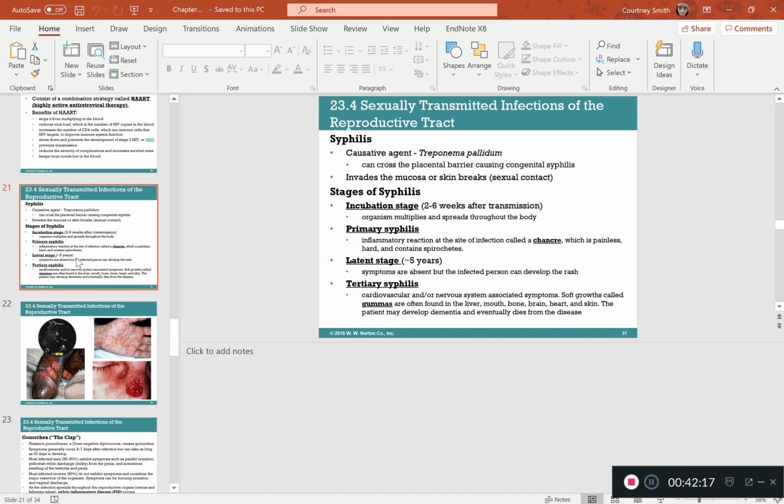This is where you've been living with it for several years. A lot of times symptoms are absent, but patients have reported developing a rash. But that's pretty much it. And then there's tertiary syphilis. This is where the disease has, for the most part, run its course. And unfortunately, at this time point, the patient will exhibit some cardiovascular issues and some neurological issues.